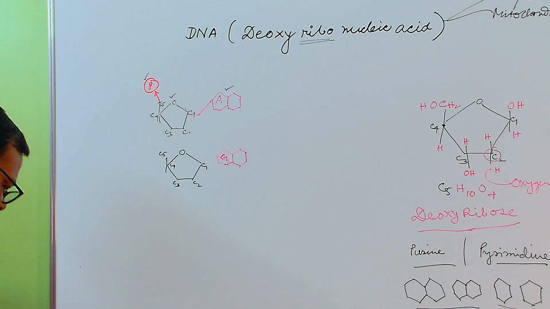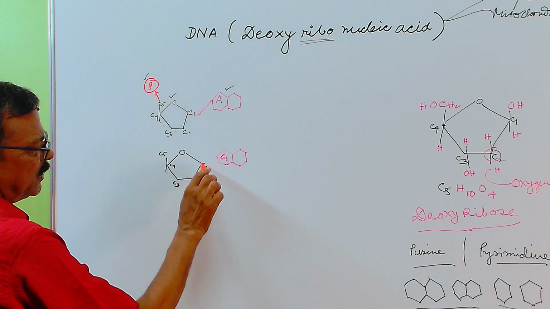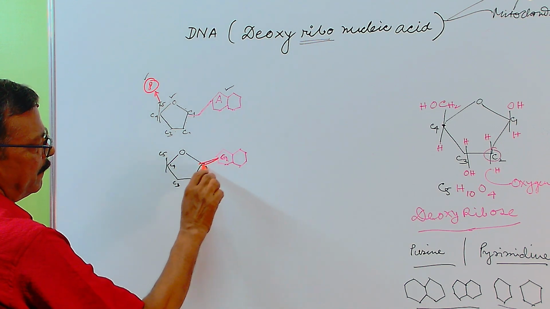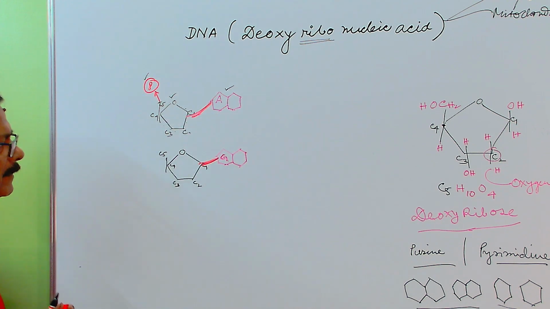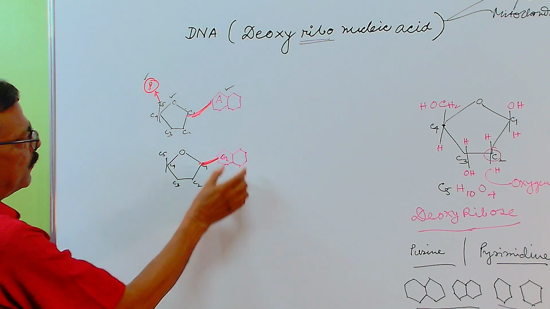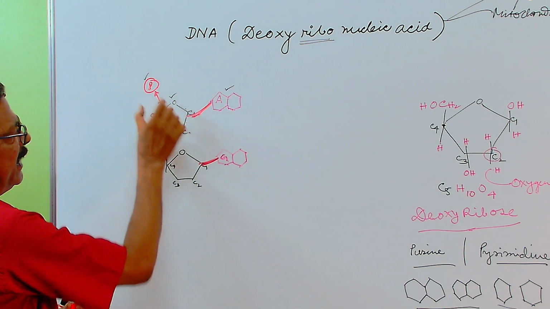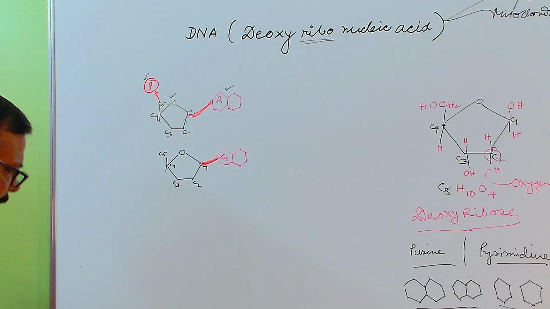So this will remain joined with sugar at which position? C1 position. Now this is known as deoxyadenylic acid, deoxyguanylic acid. Then another, thymine.